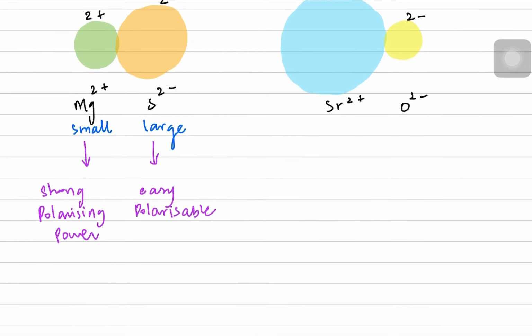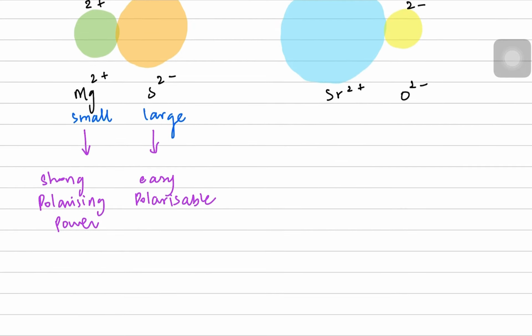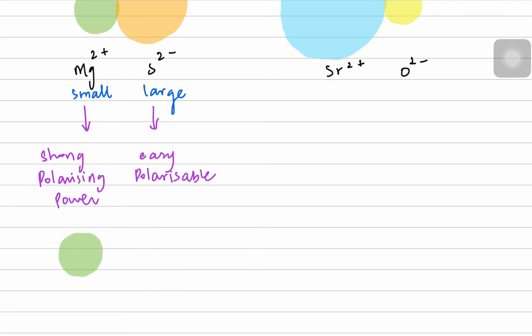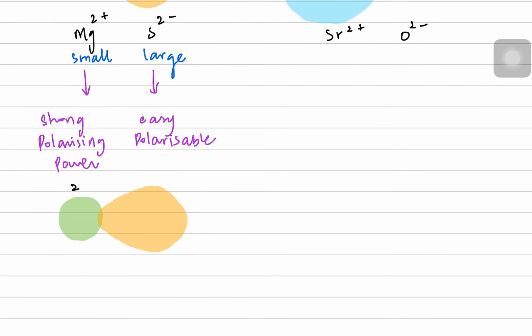So what happens is that magnesium ions get easily successful in polarizing the sulfide, so the electron cloud is distorted and it looks like this. It's not spherical anymore. Let me draw it more accurately. It looks like this. So this results in a kind of covalent character in magnesium sulfide because the electron cloud is distorted.